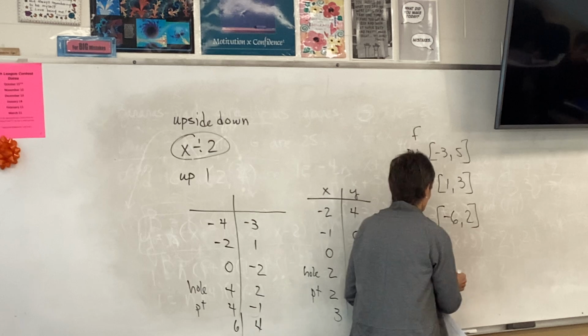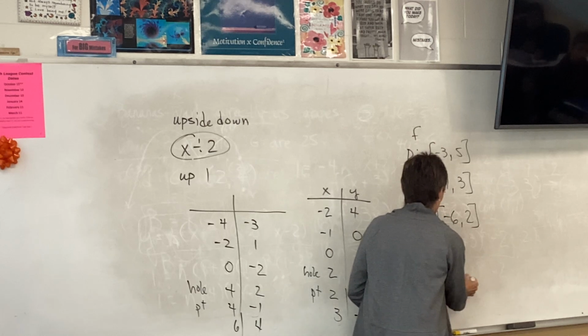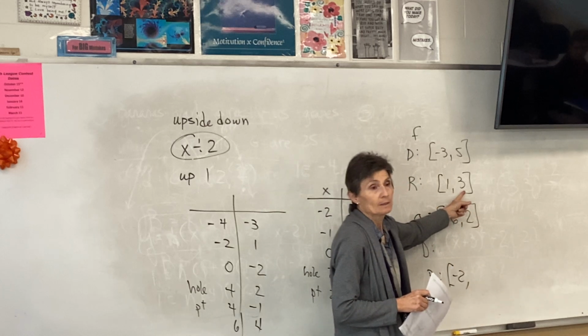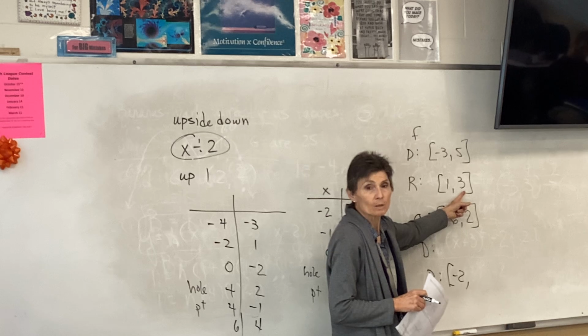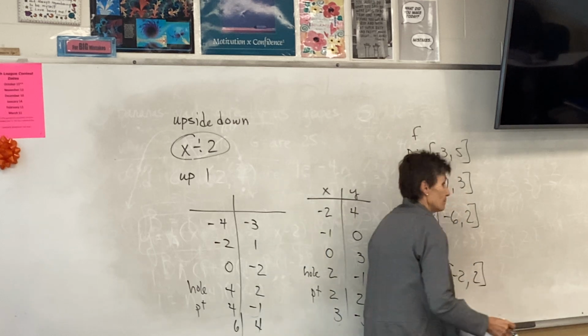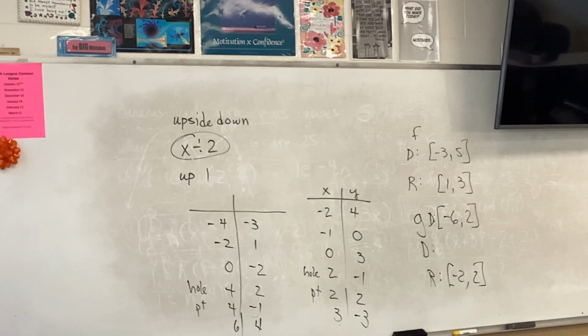Negative 2. And then if I double this and move it down 4, where am I going to be? 2. So easy. We know what the transformation does. Just do it to every x and y.